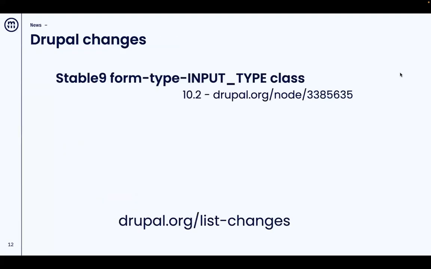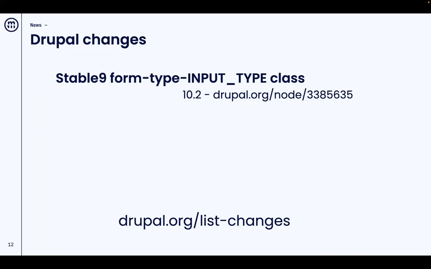There was one interesting change on the drupal.org/list-changes list of Drupal core changes, that any site that is using the stable 9 theme now has an added class for form fields that will indicate the form type.